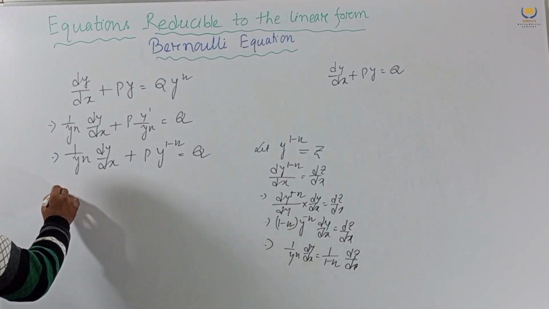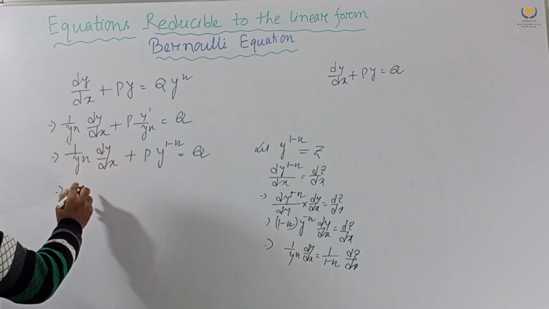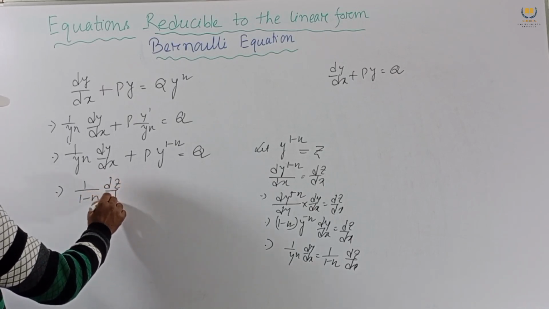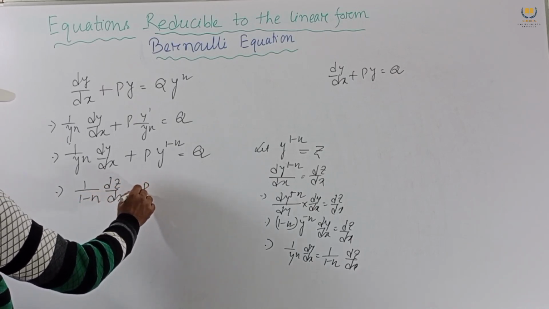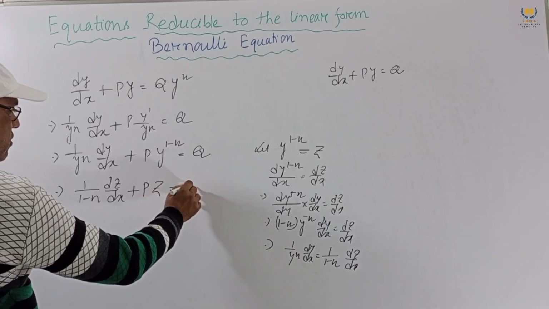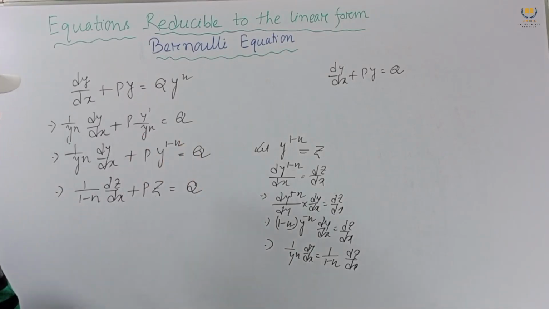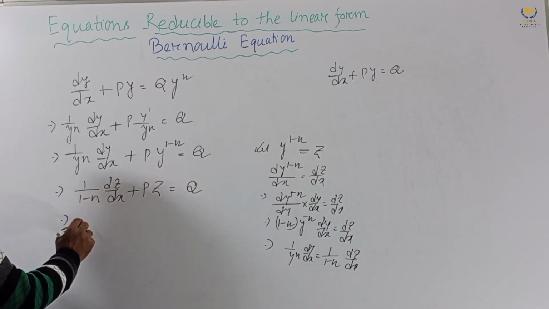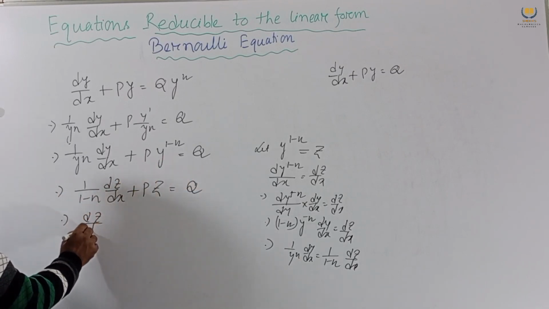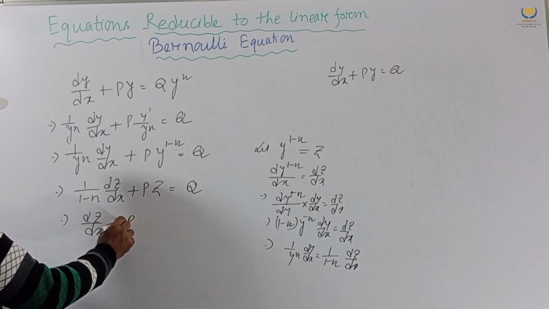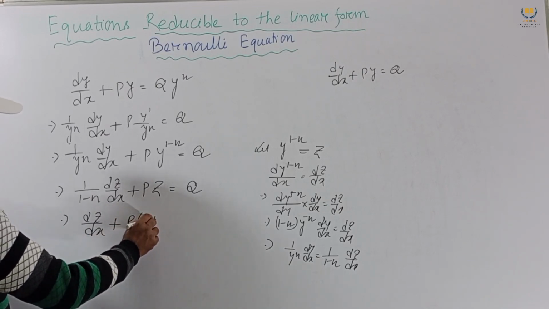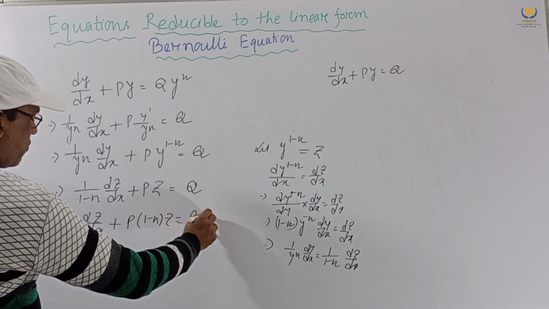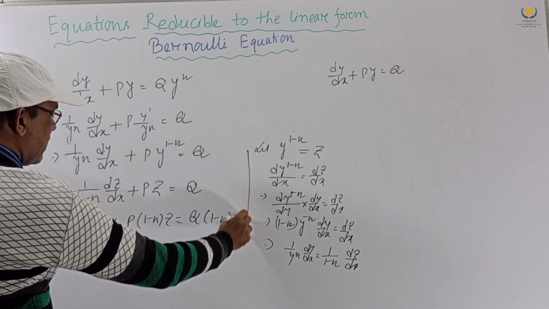Now write this down. We can write 1 by 1 minus n dz/dx plus Pz equals Q, and multiplying by 1 minus n we get dz/dx plus P(1 minus n) z equals Q(1 minus n).